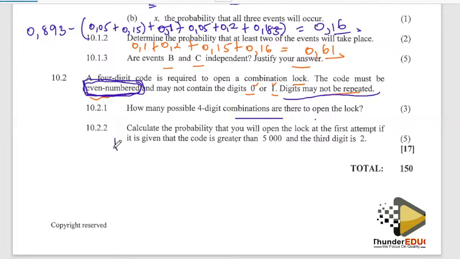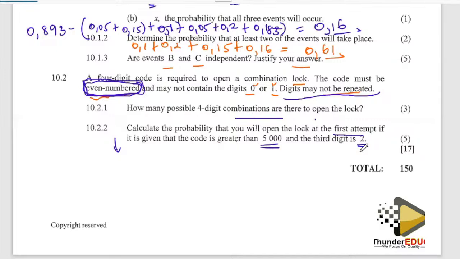All right, then 10.2.2, they're telling us that we need to calculate the probability that you'll open the lock at the first attempt if it's given that the code is greater than 5,000 and the third digit is a 2.